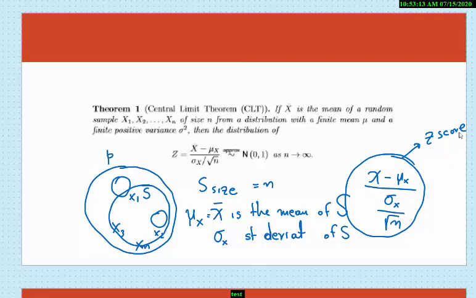So basically, before we knew what? Before, what we said is that whenever you have a population, the entire population, and the population follows a normal distribution, then x minus mu of the population divided by the sigma of the population is a z-score.